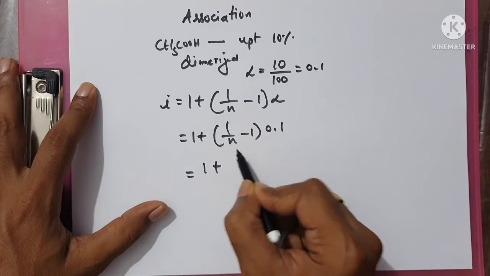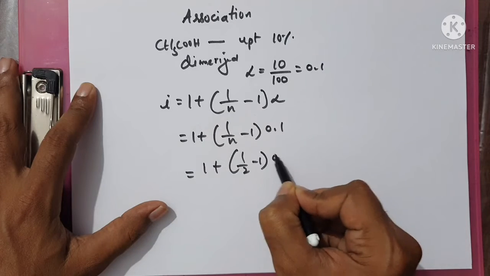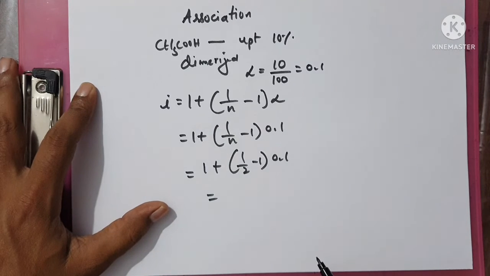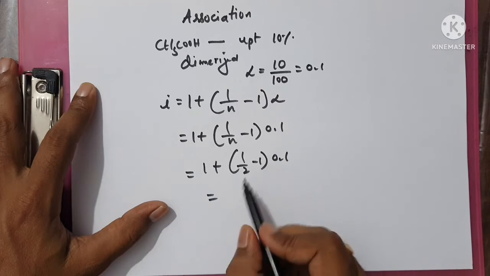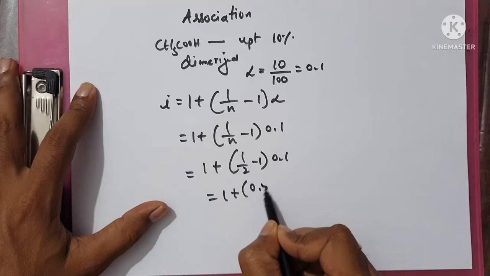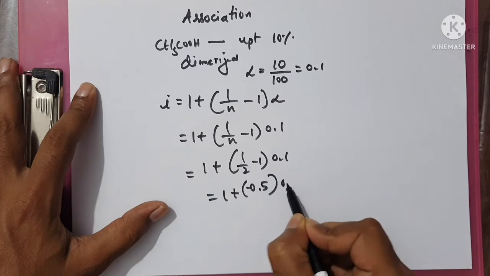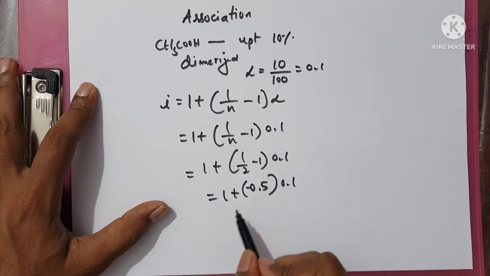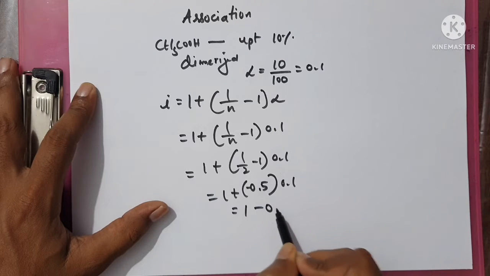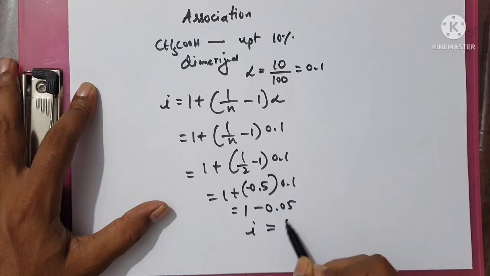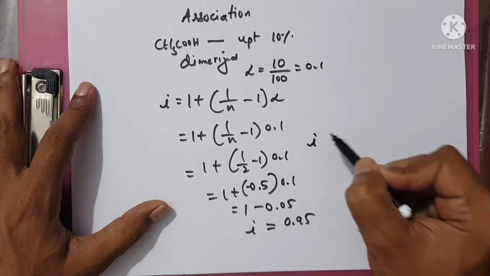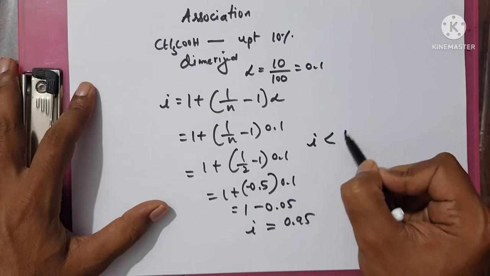It forms 2 ions. 1 by 2 minus 1, into 0.1. So when you simplify this, children, it is going to become 1 plus 0.5 minus 1, that is minus 0.5 into 0.1, or it is going to become 1 minus 0.05. That is going to be i is equal to 0.95.